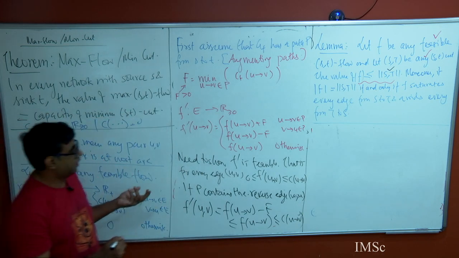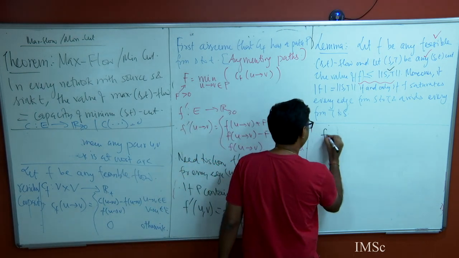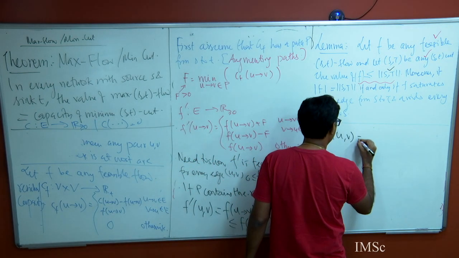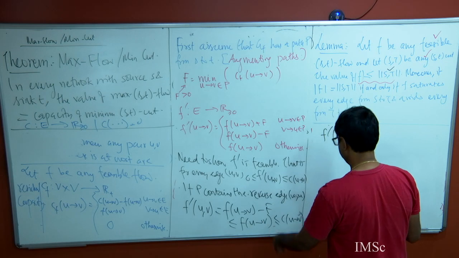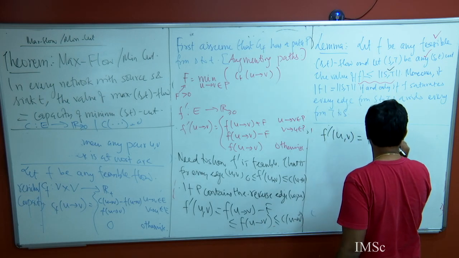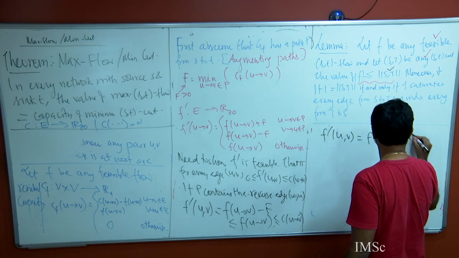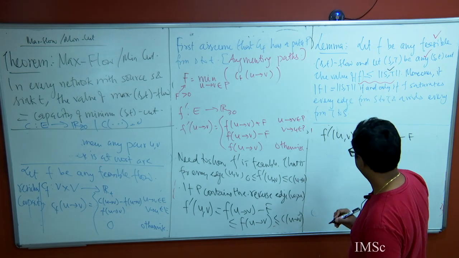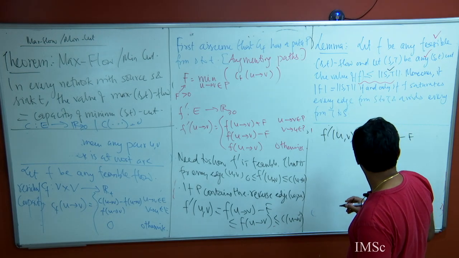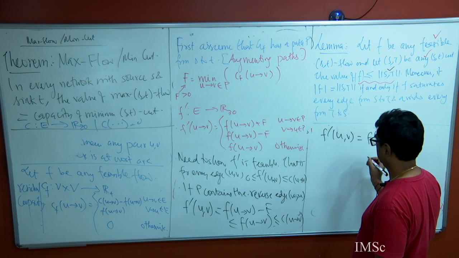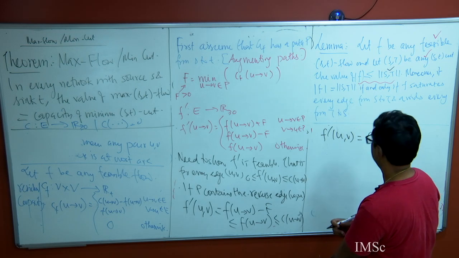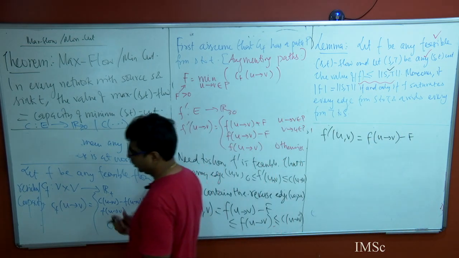So let's try again. F prime UV is F of UV minus F. Now, what is this?